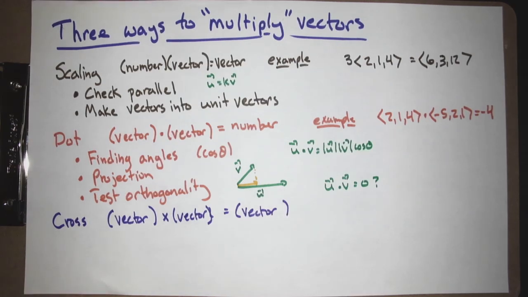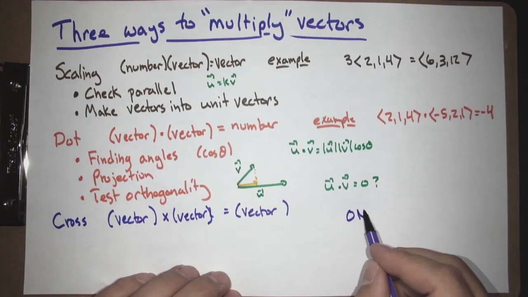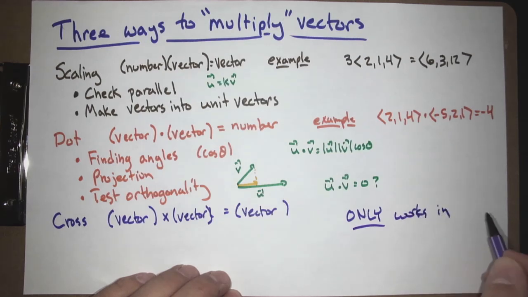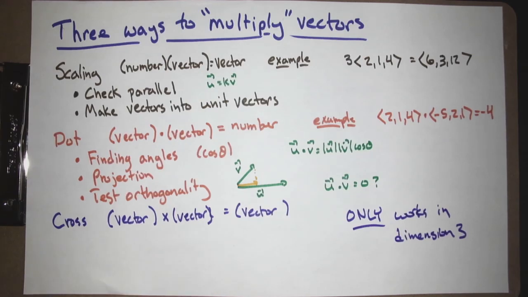Now, we're going to go through and explain it, but I want to just emphasize for right now a few things. This only works in dimension 3. Now, you might say, well, what's interesting about dimension 3? That's actually a good question.